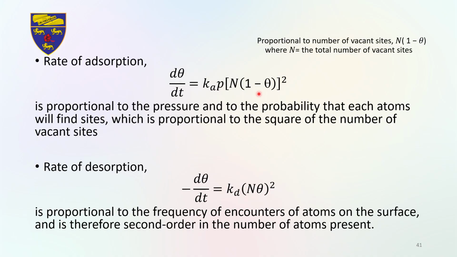So the probability of this happening is proportional to the square of the number of vacant sites, which is n multiplied by 1 minus theta. n is the number of sites, and 1 minus theta is the fraction of unoccupied sites. So n multiplied by 1 minus theta represents the available sites, where the molecule needs two places to align perfectly on the surface of the adsorbent.